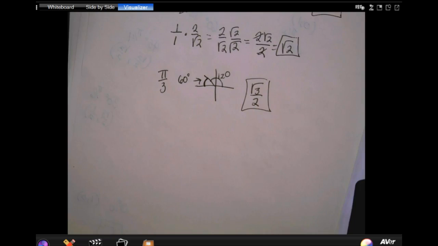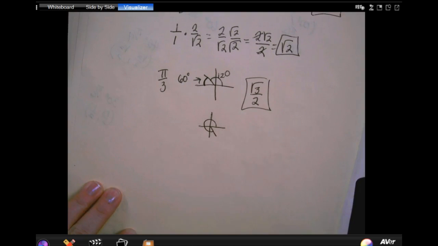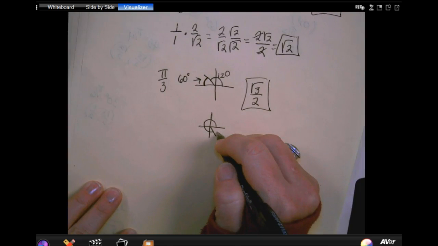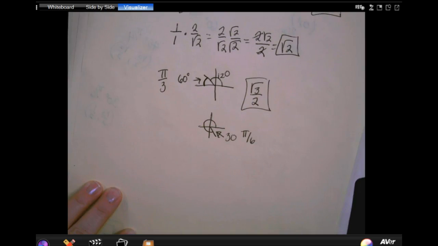So the next one, the cosine of 330. The cosine of 330 is over here. What's the reference angle? The reference angle is 30, which is pi over 6. The next thing I'm looking at is its cosine. Cosine is my x value at pi over 6.